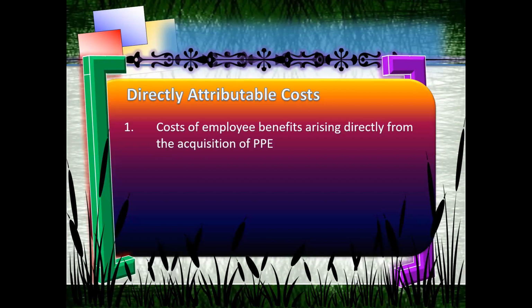So meaning, lahat ng mga gastos mo para maging ready yung property, plant, and equipment na yun sa kung ano man ang intention ng management na gawin sa kanya, no? As a PPE. So dapat you have to capitalize that. So the directly attributable cost includes first the cost. No, these are some examples of directly attributable cost. So the cost of employee benefits arising directly from the acquisition of PPE.